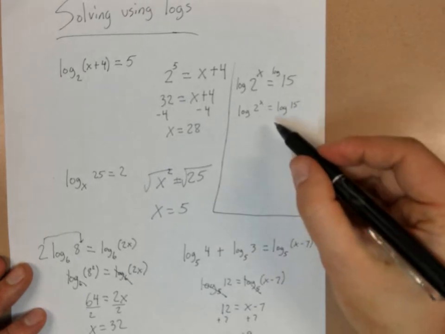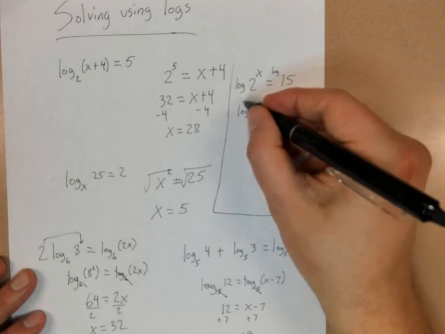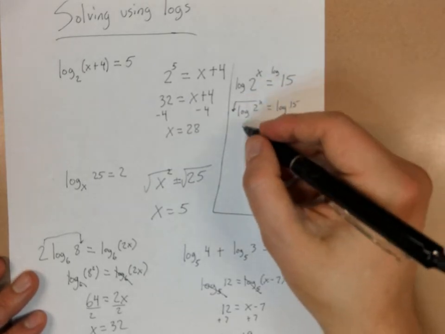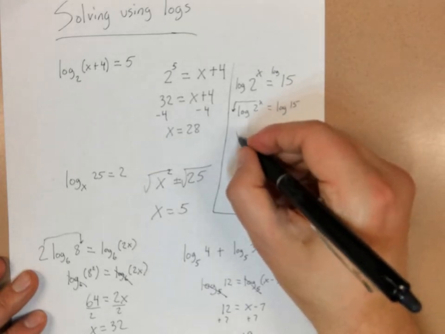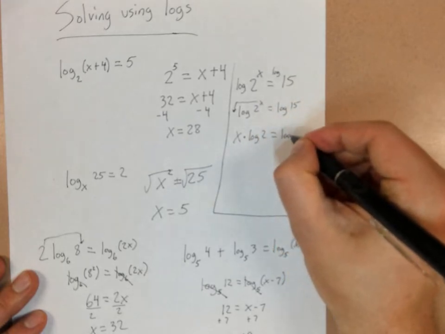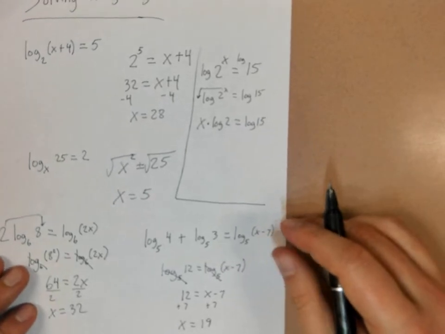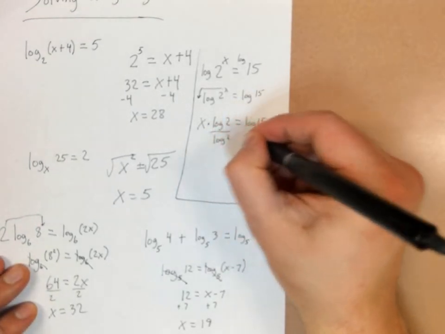Now because we have a logarithm, we can take this exponent and bring it out front. So I can write this as x times the log of 2 equals the log of 15. If I want to solve for x, I can divide both sides by the log of 2.